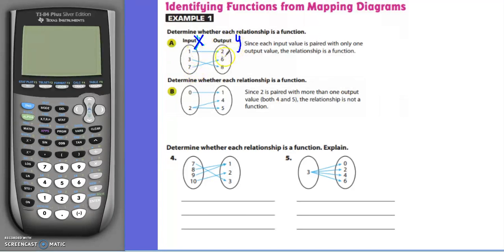And 1 comes out with 2, 3 comes out with 8, 7 comes out with 6. This is a function. The reason is that each input is paired with only one output.